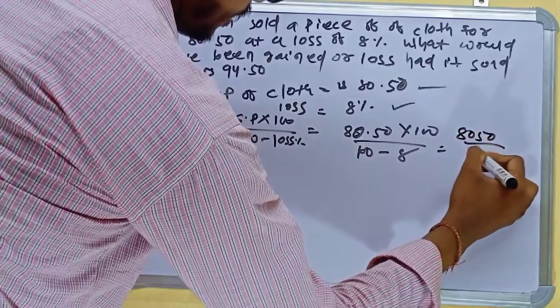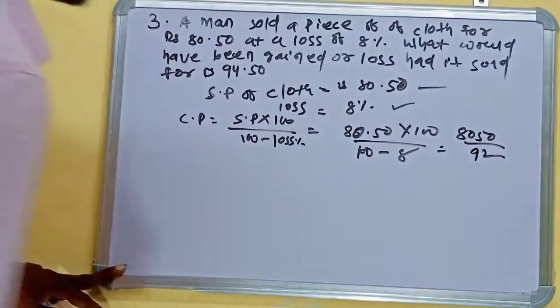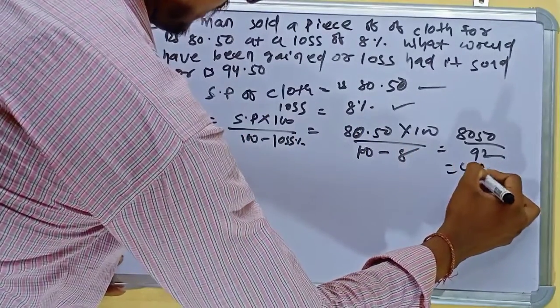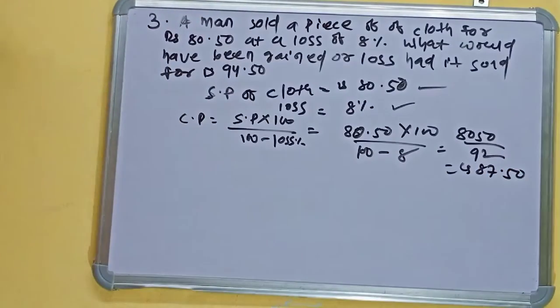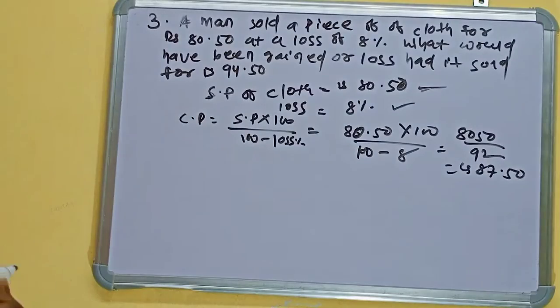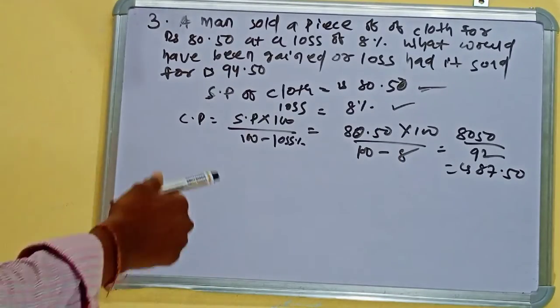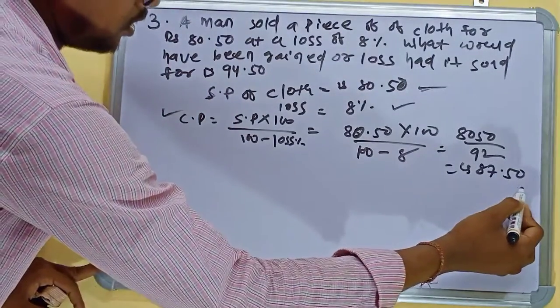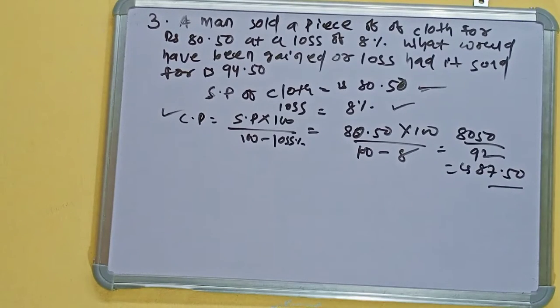Then 80.50 divided by 92 is rupees 87.50. Then we find the CP. CP is equal to rupees 87.50 paisa.